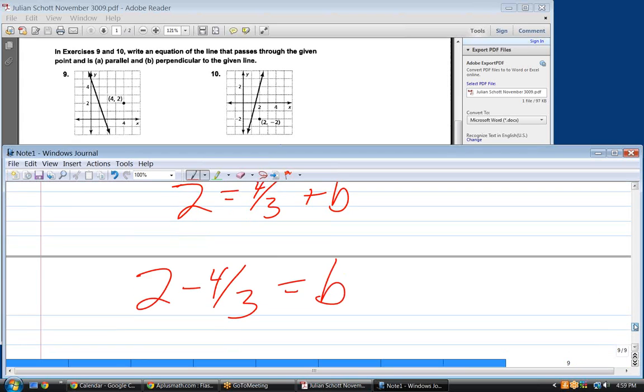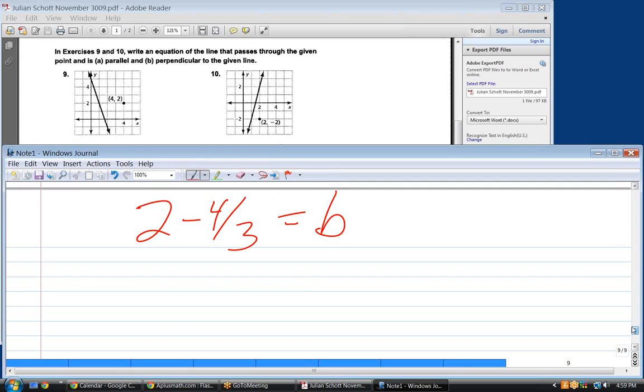Now let's solve that. How do you subtract a fraction from a whole number? You have to find a common denominator. What's the common denominator? 3. I have to figure out how to write the number 2 as some number of thirds. How many thirds is 2 equal to?